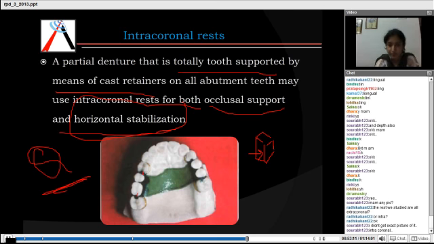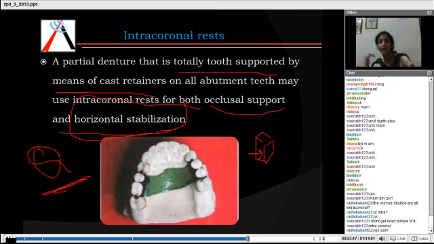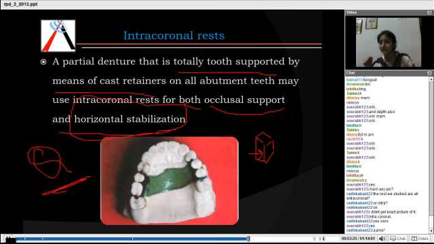See Saurabh, it is something like a box-shaped proximal preparation where you do not prepare the occlusal surface. You only prepare the proximal surface. You remember box slot preparations and class 2 preparations? It is something like that. Whenever you prepare a box in your proximal surface, your rest goes and gets seated.